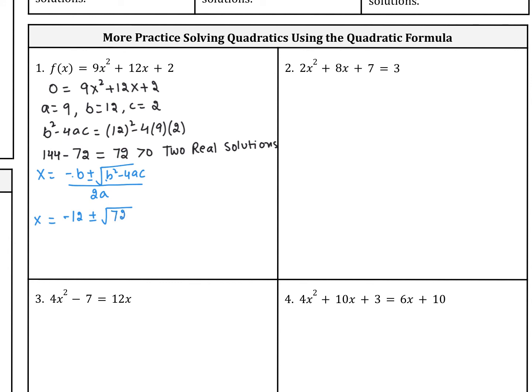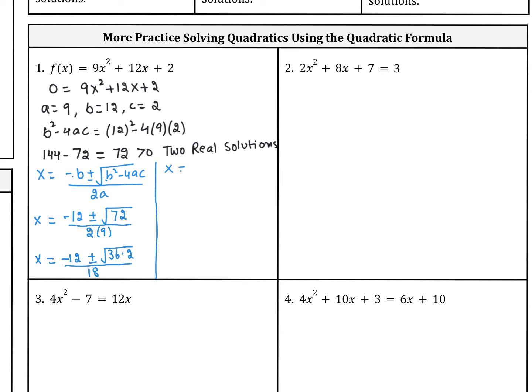So the 72 inside, over 2 times 9. So x equals negative 12, break 72 down as 36 times 2, and on the bottom is 18.